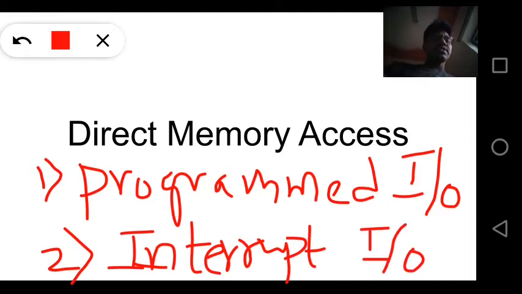We already discussed in the previous lecture that the advantage of interrupt initiated IO is that the CPU need not be in a loop or continuously waiting to check the device status. For that reason we discussed a new technique called interrupt initiated IO.